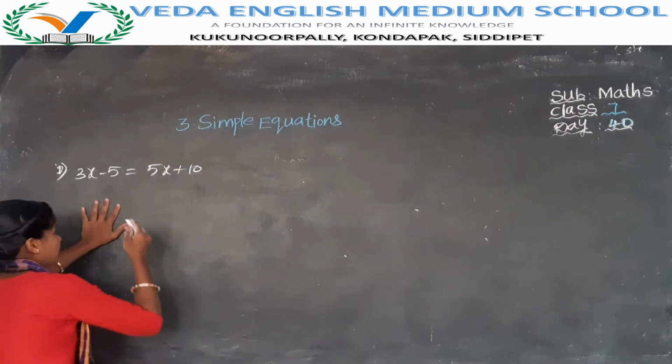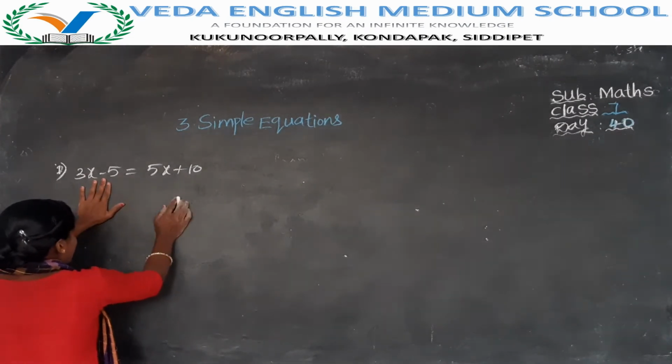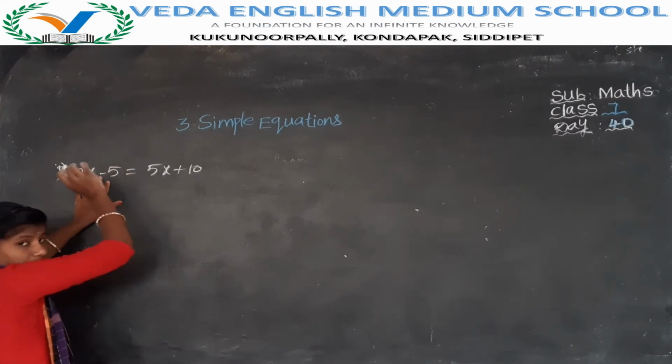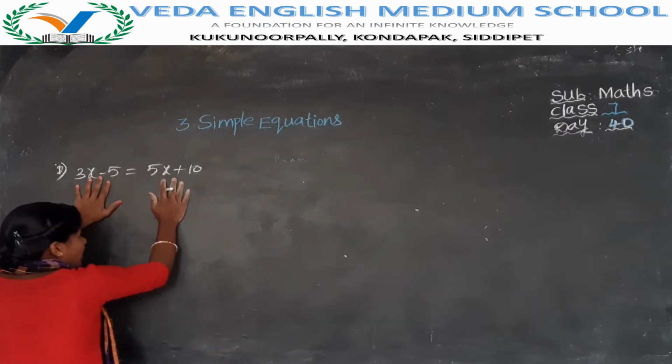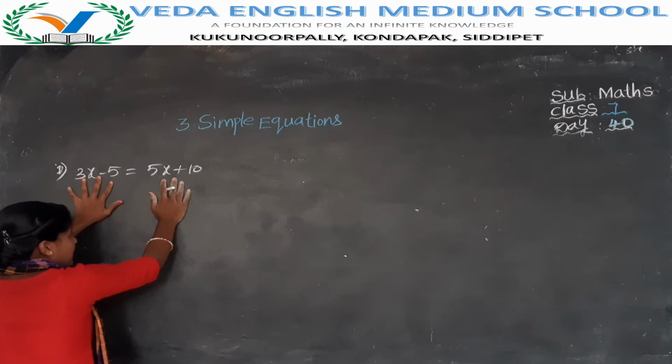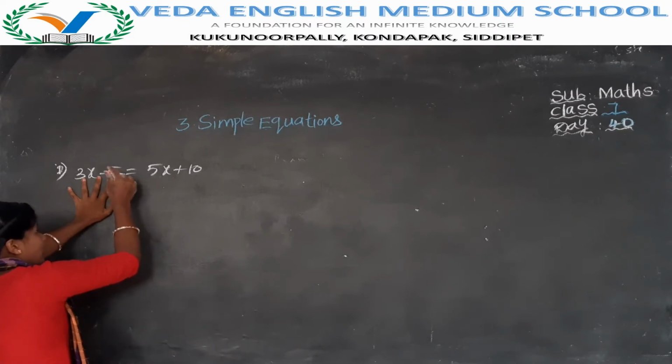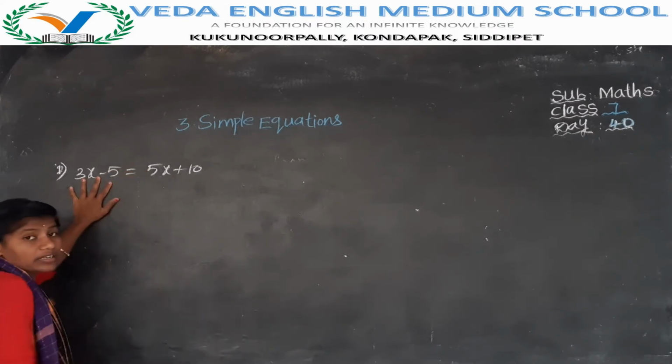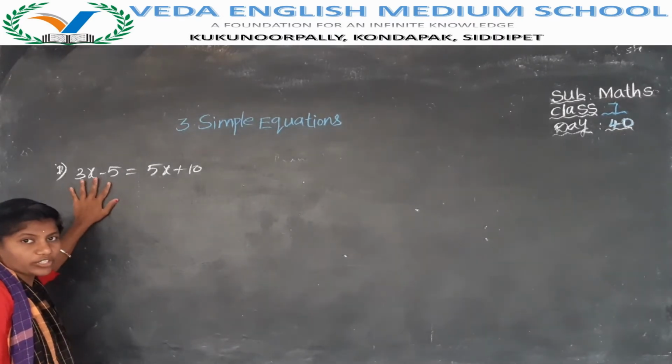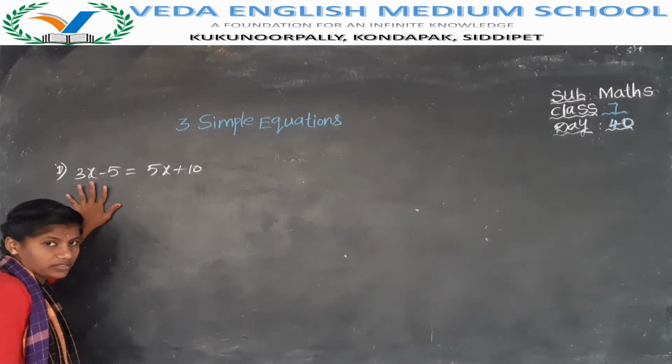LHS is before the equal sign, RHS is after the equal sign.